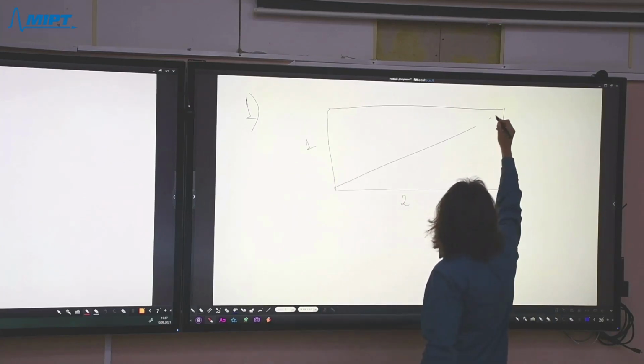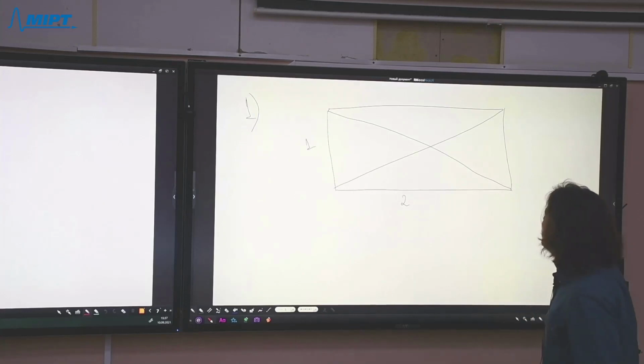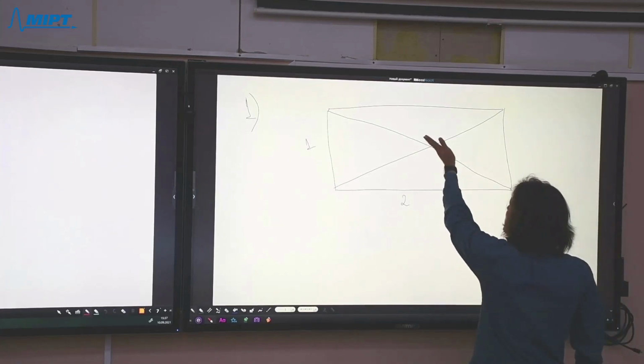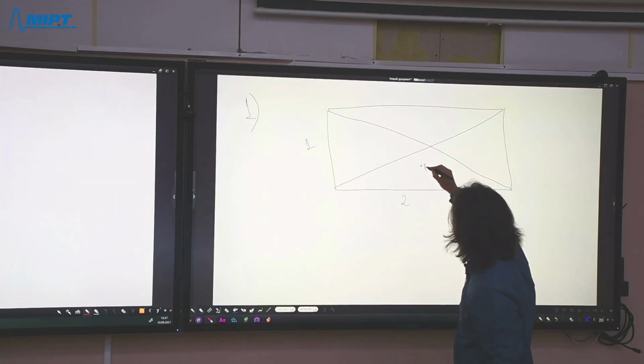All right, so we have a rectangle here. We have the diagonals, and we pick randomly some point A, right?